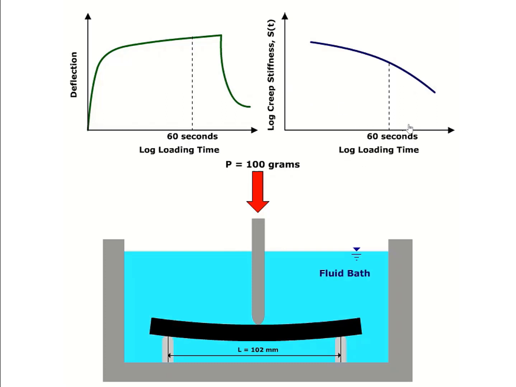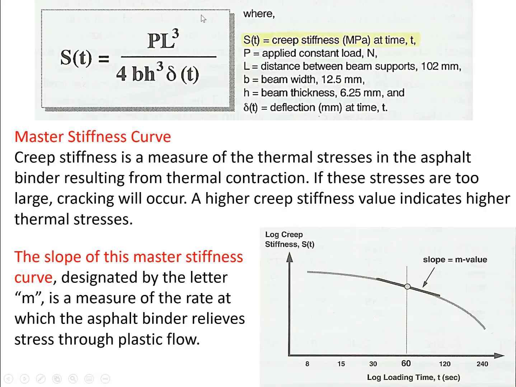So the formula is given to you. This is a formula to get S(t) based on the measured delta(t). So delta(t) is the deflection at time t, and S(t) is the creep stiffness at time t. And the other terms, P, L, b, h, all of them are just constants.